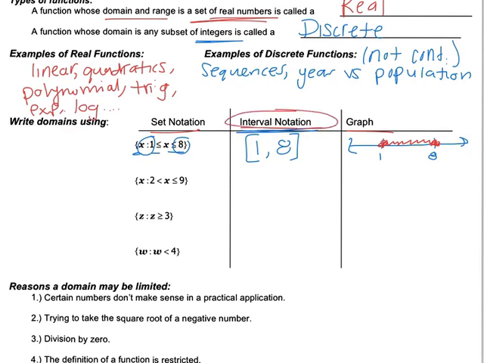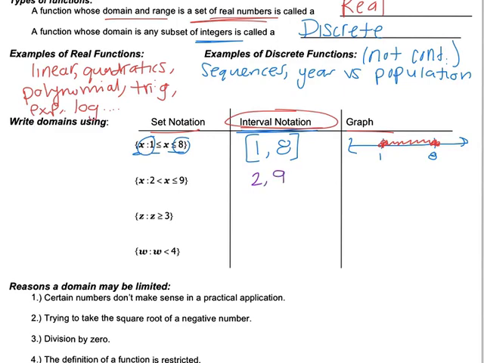Interval notation is what we're going to use pretty much all year when we're talking about intervals. So the next example is x such that x is greater than 2 and less than or equal to 9. So again, we start by writing our, I just discovered how to use different colors. So we start by writing our lower boundary, comma, upper boundary.